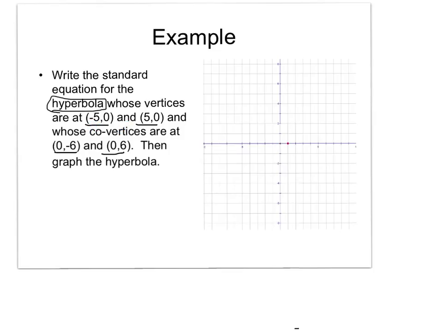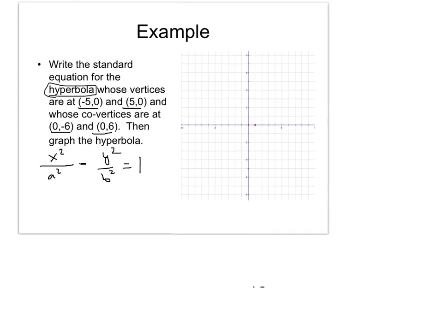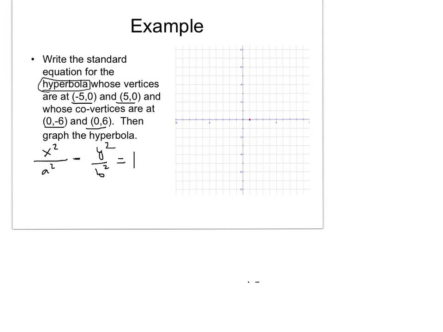So that tells me right away that I'm dealing with x squared over a squared minus y squared over b squared is equal to 1. I'm going to shrink this a little bit more. So that tells us what we're working with.